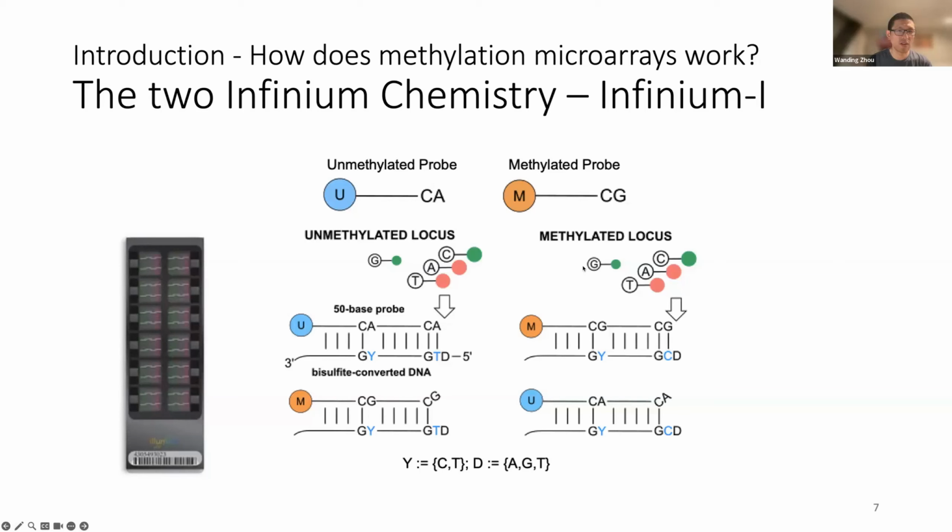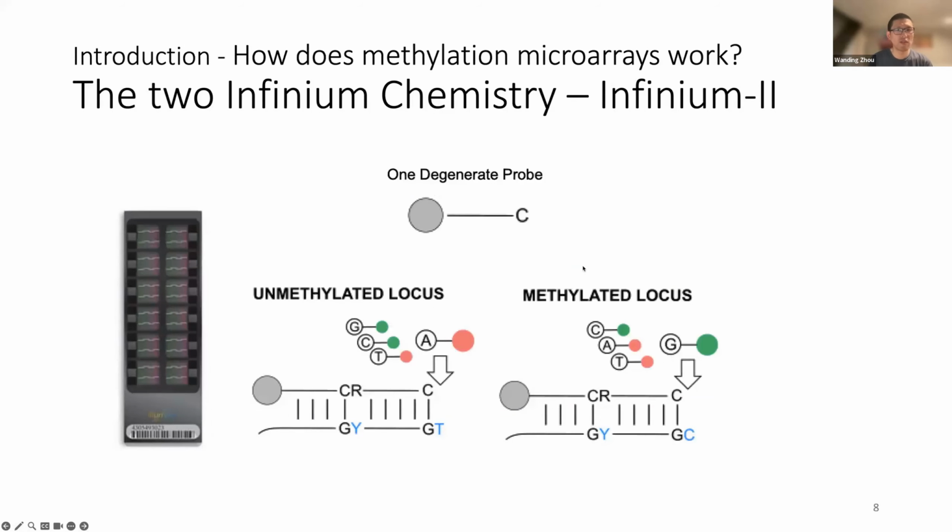Upon successful bisulfite conversion and hybridization, these probes are paired with genomic DNA and then extended by one base, often attached to a fluorophore depending on the base identity. It could be red and green, and often it's A and T for red and G and C for green. Then by comparing the methylated and unmethylated allele signals, you're able to derive the methylation state.